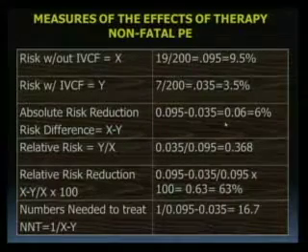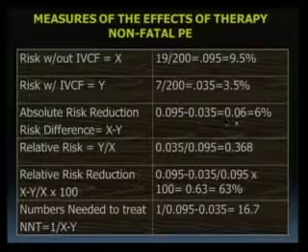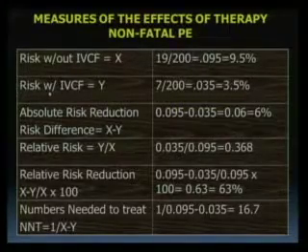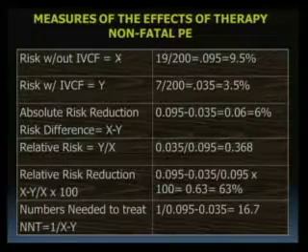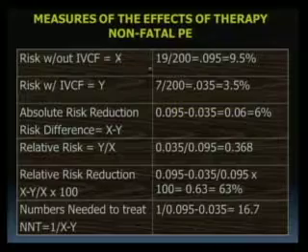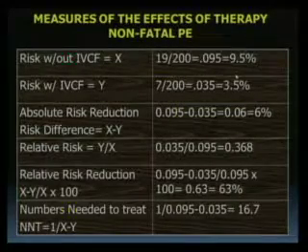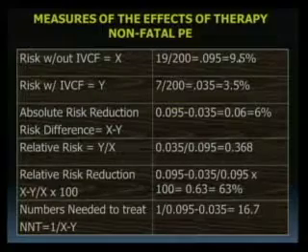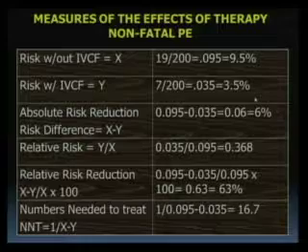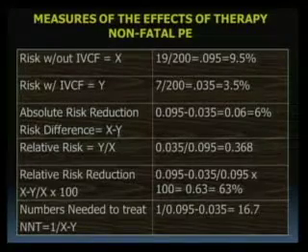So how do we measure the effect of therapy? Let's take a look at non-fatal PE. Let's take a look at the risk without filter and compare it with the risk with filter. Let's designate them as X and Y, respectively. The risk without filter, based on the data that I have shown you a while ago, is 9.5%. With filter, the risk of non-fatal PE is 3.5%. Then when you compute the absolute risk reduction, it's just the risk difference between the two.